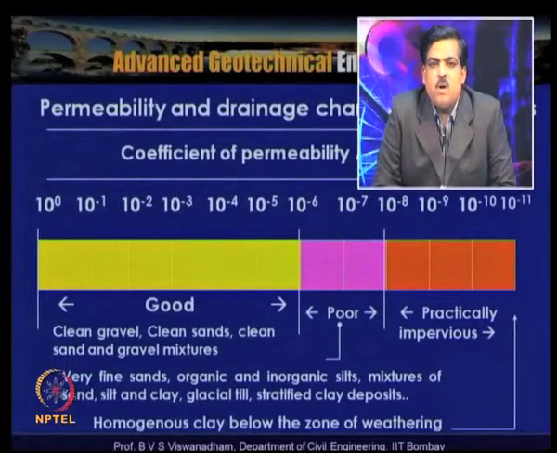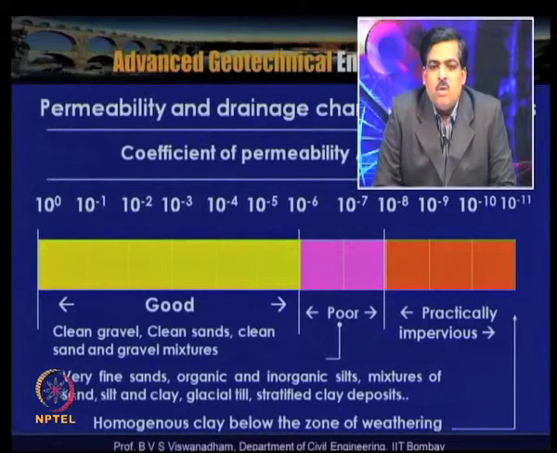For certain soils like homogeneous clay below the zone of weathering, the permeability can be in the range of 10 to the power of -8 to 10 to the power of -11 meter per second.